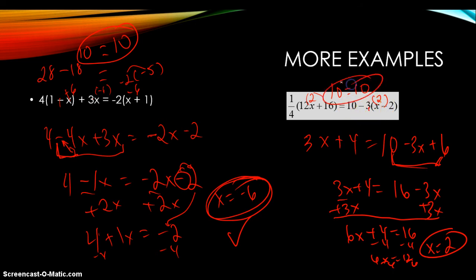So I get 10 equals 10. And I did not plan that to work out, but that's just how it works out, I guess. So x does equal 2. Go step by step, plug your solution back into the problem at the very end to double check, because some may be an identity, some may be no solutions.